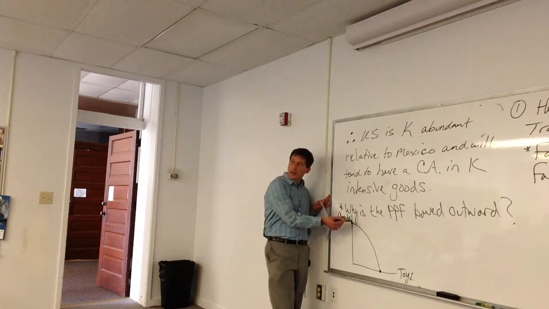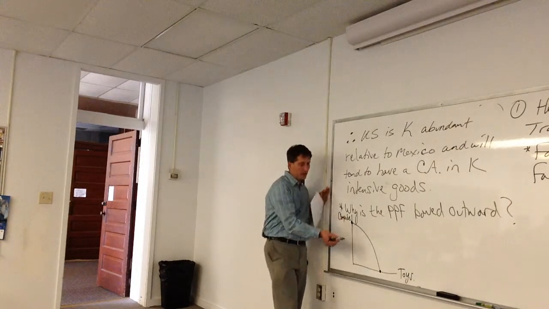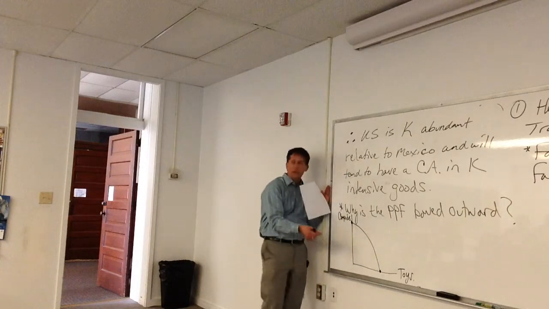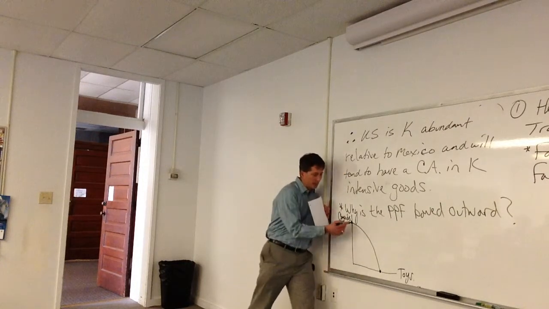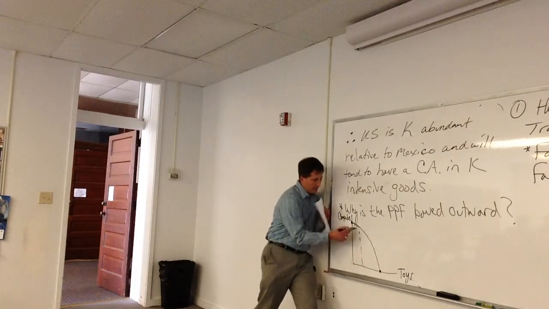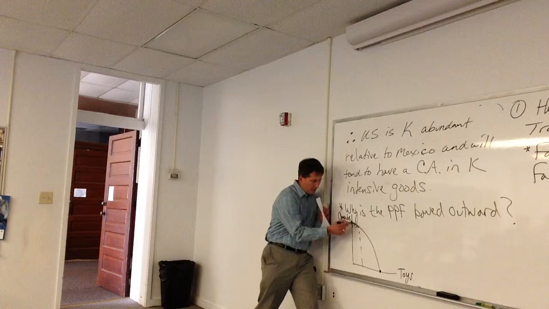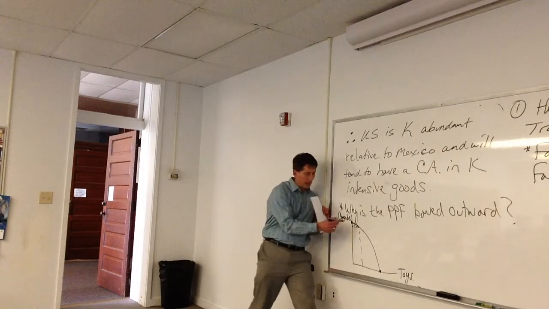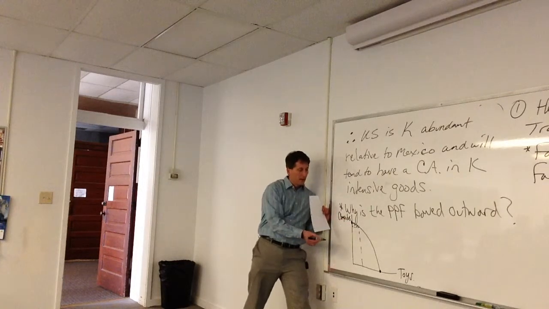So the whole idea of increasing returns in toys could kick in. Eventually, of course, diminishing returns will be there. But as we move along here, we get a whole bunch of toys, and we only have to give up a little bit of computers, right? So we get a lot of bang for our buck.